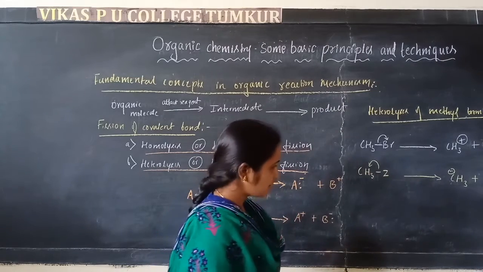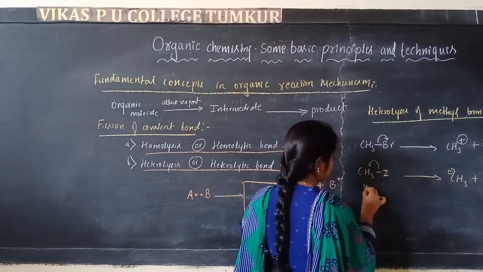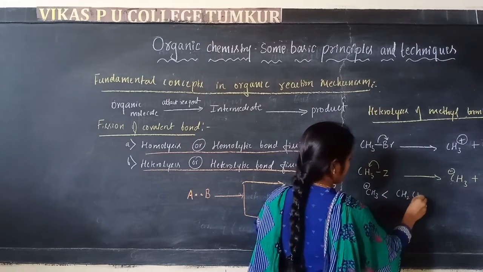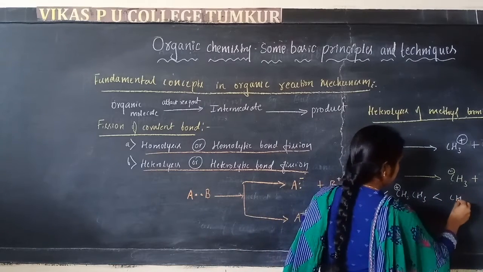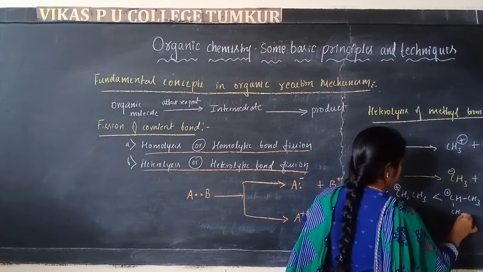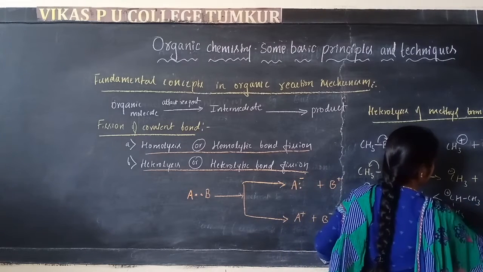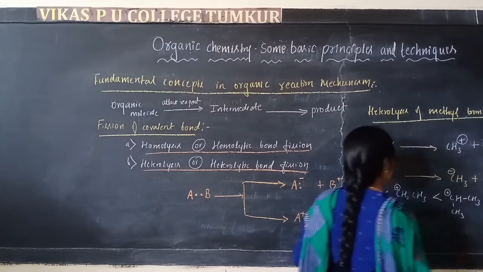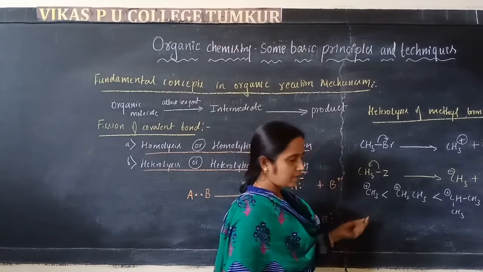In this, that is primary carbocation. The methyl carbocation is less stable than the primary carbocation. Primary carbocation is less stable than the secondary carbocation. Secondary carbocation is less stable than tertiary carbocation. Then, like this only, we take the anions.